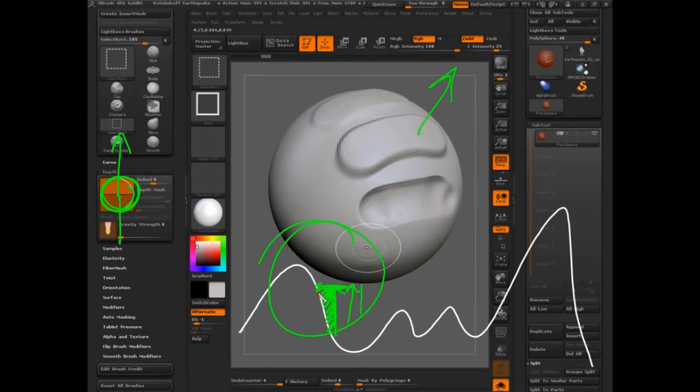So it's going to pull everything up to the center of that brush, or the center of its effect. If clay buildup is on, then it'll just keep building this up. So for the clay brush, depth acts as elevation because the behavior of the brush is to pull forms up.